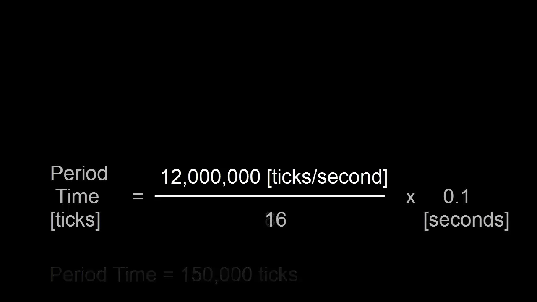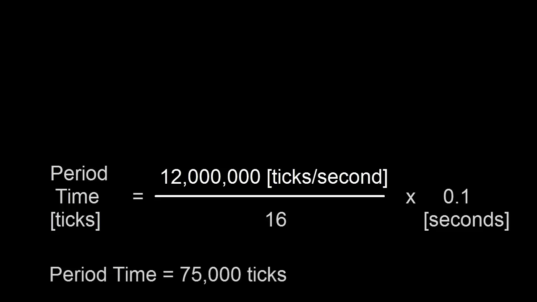Next, let's try a prescaler of 16x. 12 million divided by 16 is 750,000. Multiplied by 0.1 gives us 75,000. That's still too big, but now we're very close.